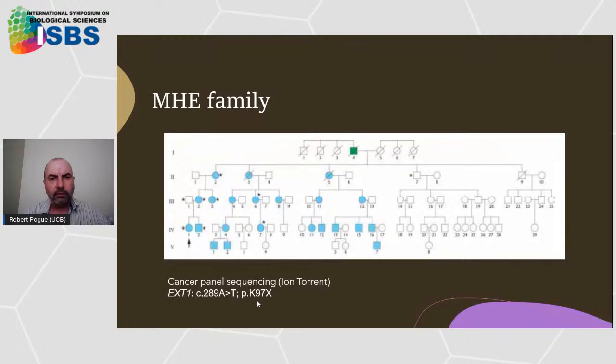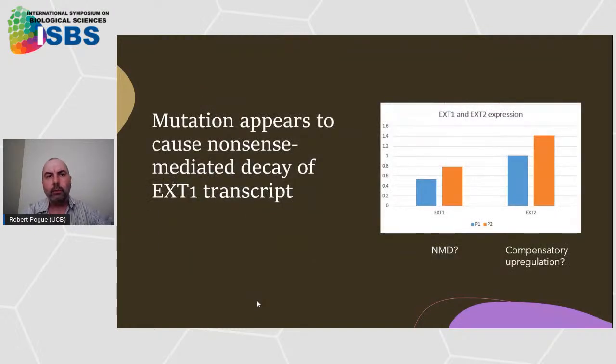Now, being a nonsense mutation, again, we started to think about nonsense-mediated decay. And so once again, we took peripheral blood cells from some of the patients, we synthesized cDNA, and we looked to detect the EXT1 transcript.